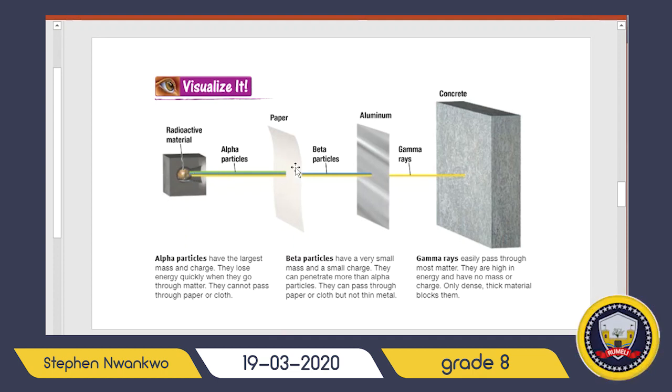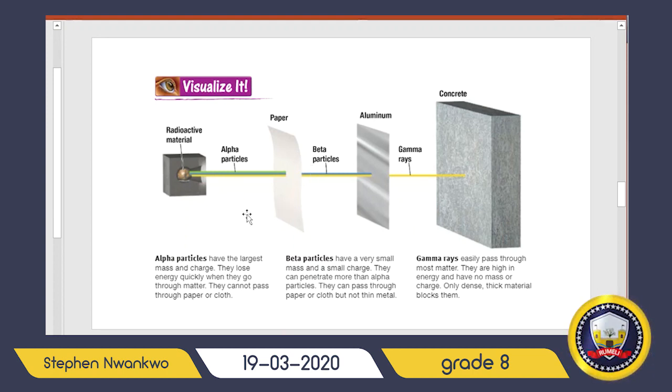So alpha particles have the largest mass. They also have the largest charge. They have 2 protons and 2 neutrons. And because they have the largest mass, when they are moving through matter, they can lose energy easily.